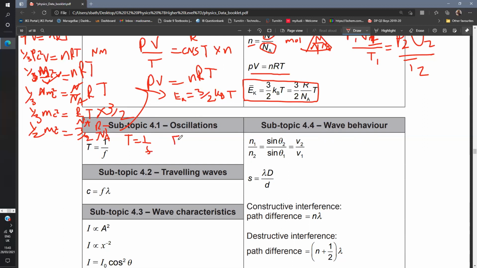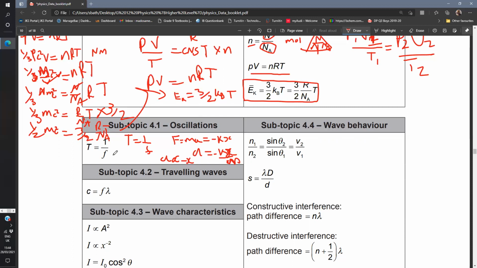Here F is equal to ma, which is equal to negative kx. So a is equal to minus kx over m, sorry. And here it can be seen that a is proportional to x.